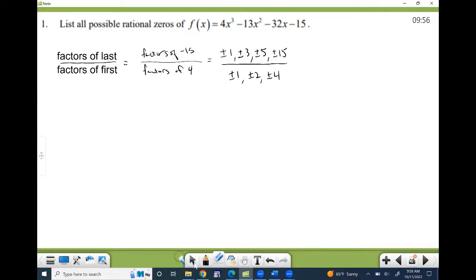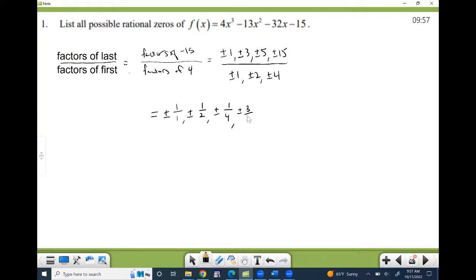All right. So once you've figured out all the factors with the plus or minuses on them, then you're just going to start stacking these, okay? And what I'm going to do is I'm just going to stack them all right now to make sure everybody understands what I'm doing. So I'm putting 1 on top of 1. I'm putting 1 on top of 2. I'm putting 1 on top of 4. So that was me stacking 1 on top of all the denominators.